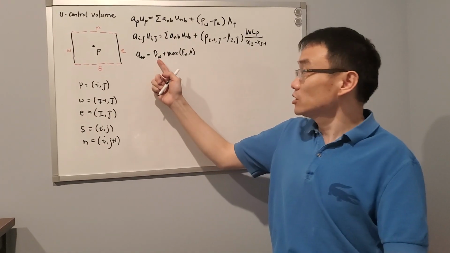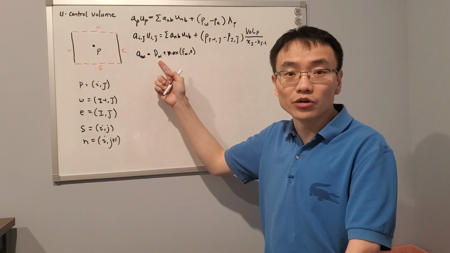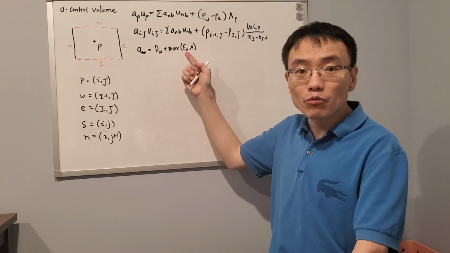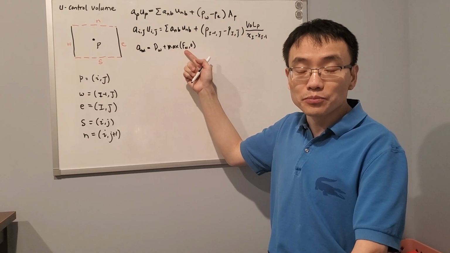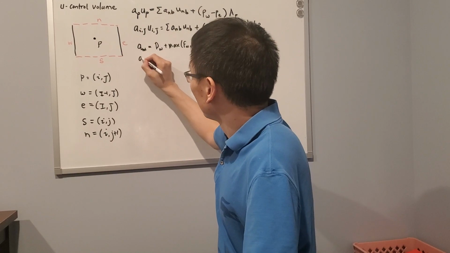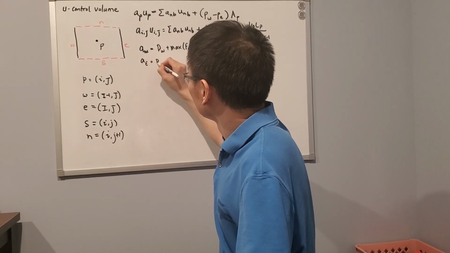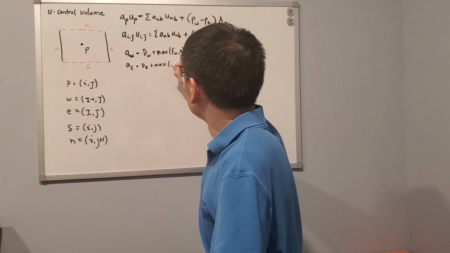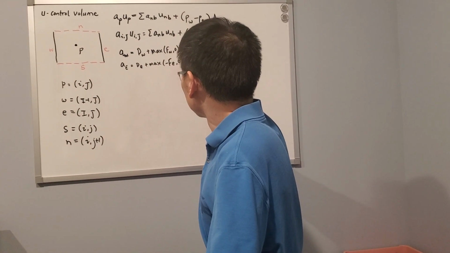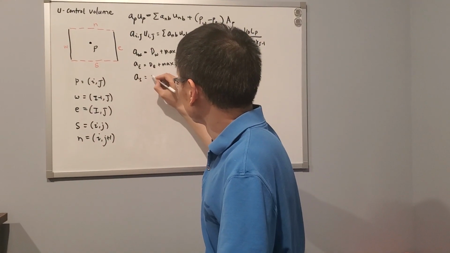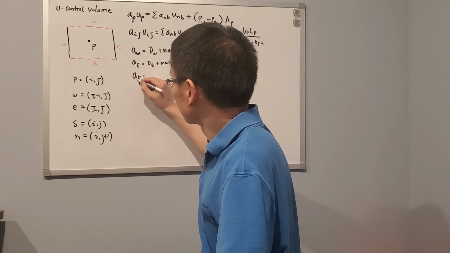Here I use the second order central difference scheme for computing the diffusive fluxes, and I use the upwind scheme for computing the convective fluxes. Similarly for AE, I have dE plus maximum of minus FE and 0.